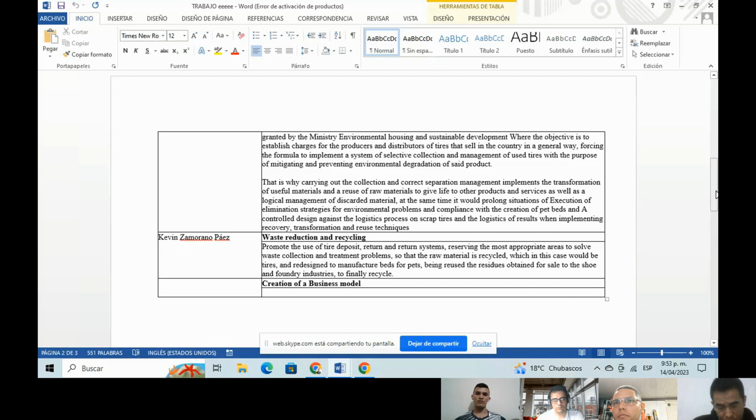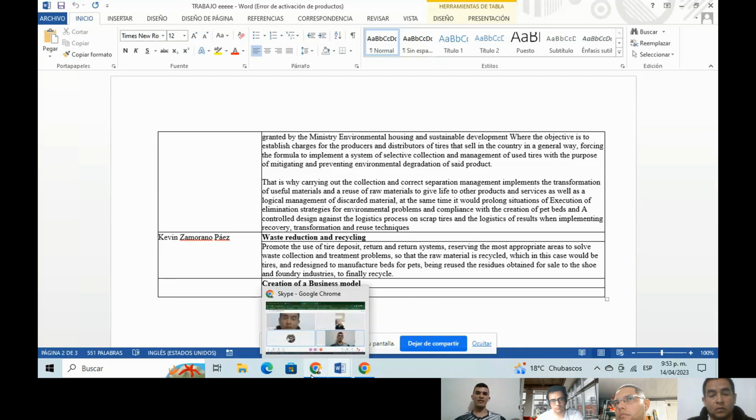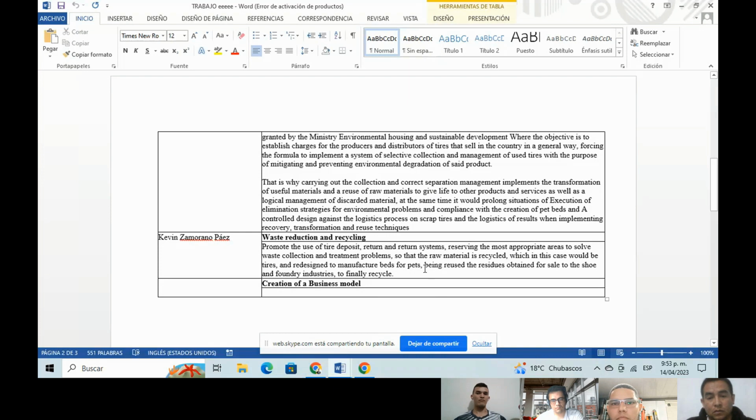Promote the use of deposit, return and return systems, reserving the most appropriate as the solid waste collection and treatment processes so that the raw material is recycled, which is the case with bottles, and reducing to manufacture bottles for pets.